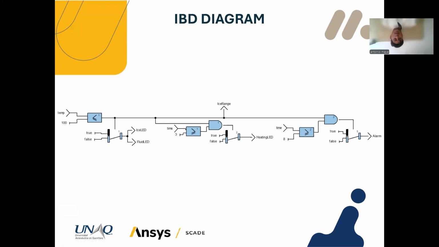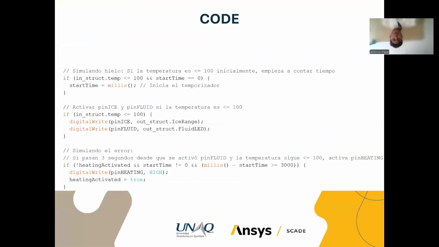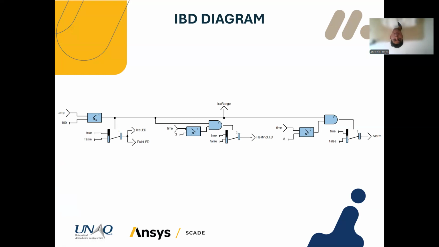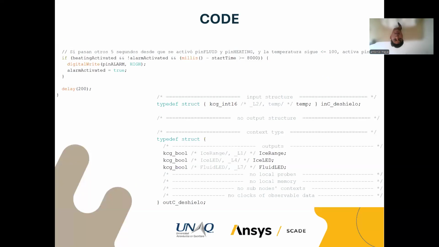So this part of the code is going to determine, as when we implement the blocks, we tell the system this is going to be an int8 variable, this is going to be a boolean, this is going to be an int16 variable, and so ANSYS SCADE is going to provide an auxiliary code that is going to be implemented in the Arduino board by means of the Arduino IDE.